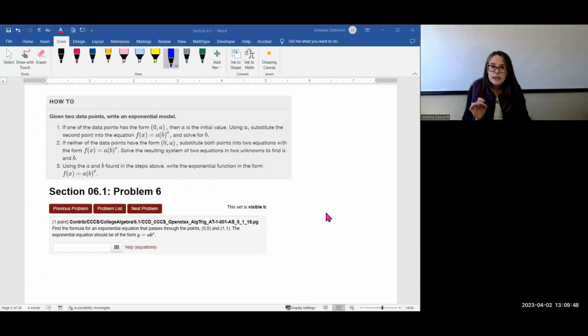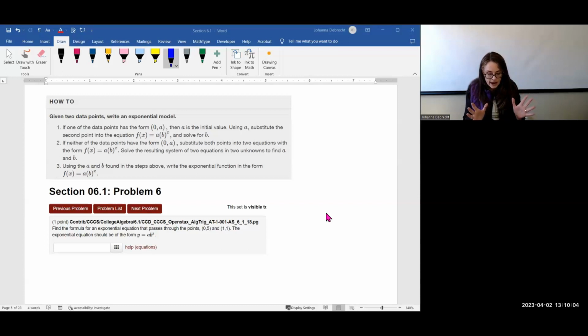Now, if one of your data points is (0, a), then that's the initial value. When the independent variable x or t is 0, then the other value has to be the coefficient of the exponential, lowercase a.